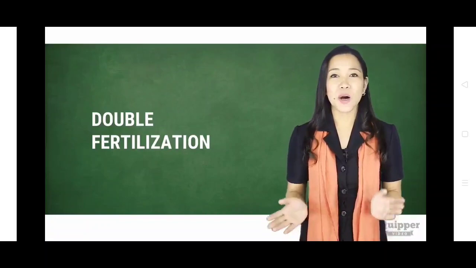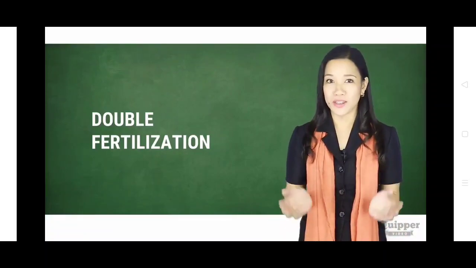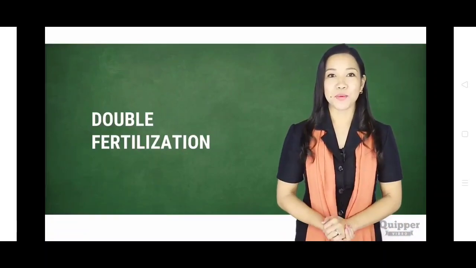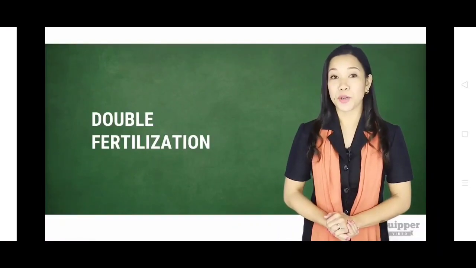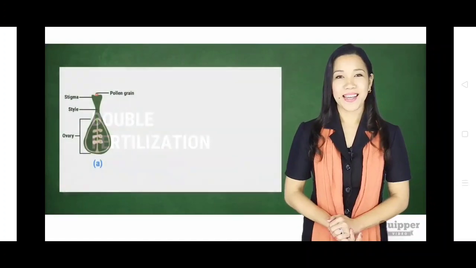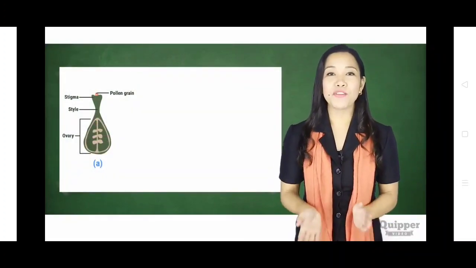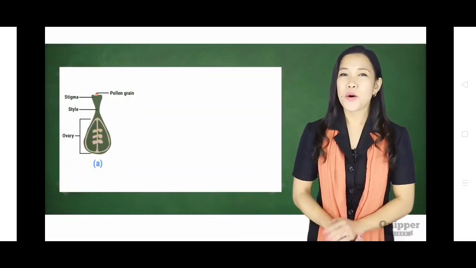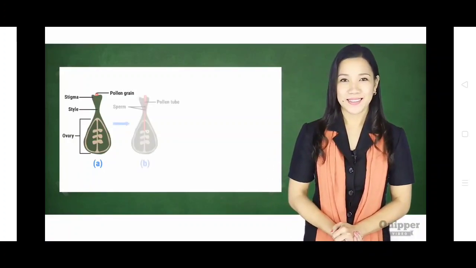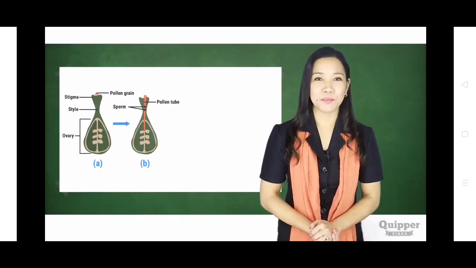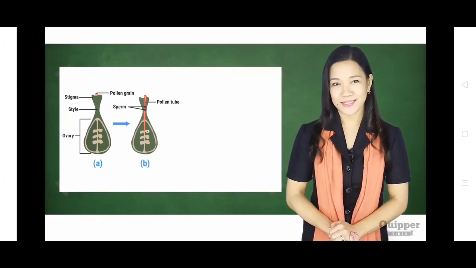Do you know that a double fertilization may also occur? This happens when the pollen grain enters the ovary and releases 2 sperm cells. The process of double fertilization starts when the pollen grains stick to the stigma. The pollen tube grows along the style.